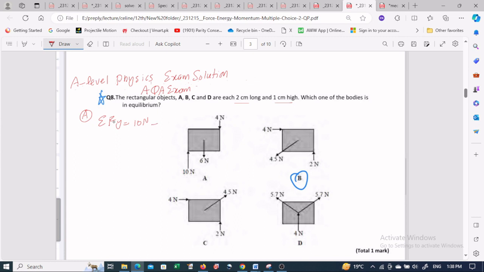So the downward forces are minus 6 Newton and minus 4 Newton. We get 10 minus 10, which is 0.